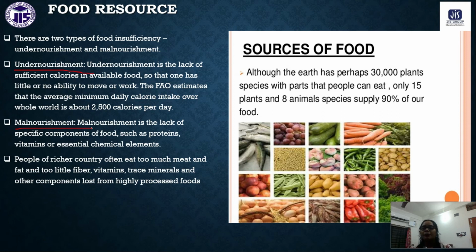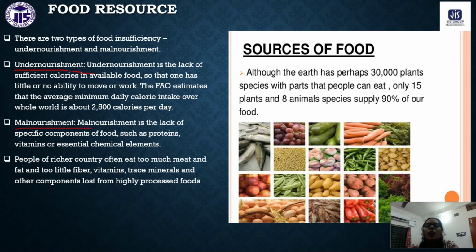We have to take them in a proper manner. If we don't maintain that balance, that is called malnourishment. So malnourishment can be the case when we are taking a lot of food but not in a balanced manner.